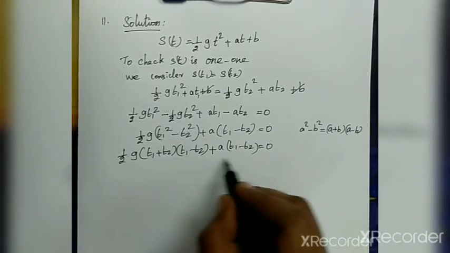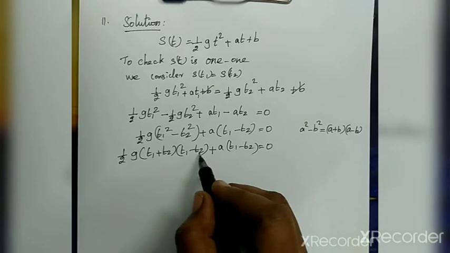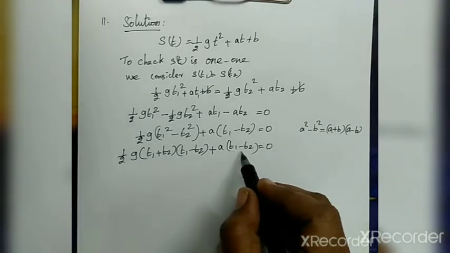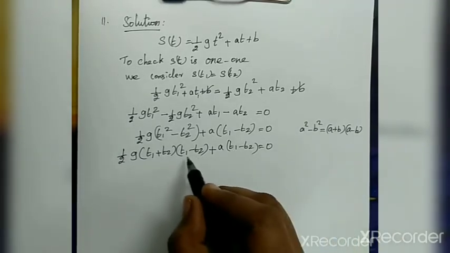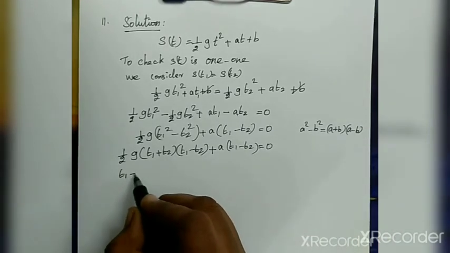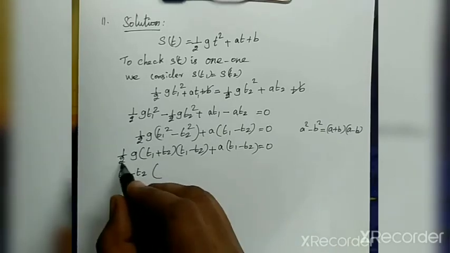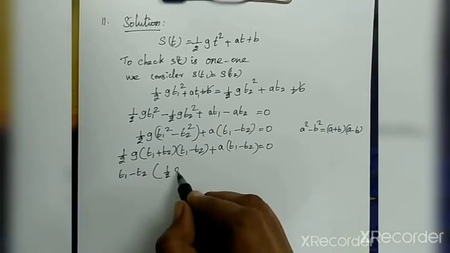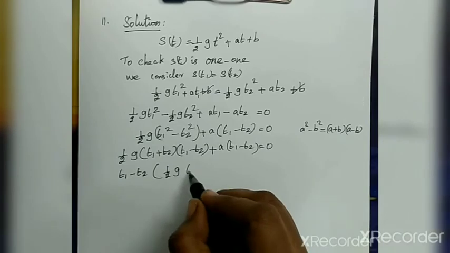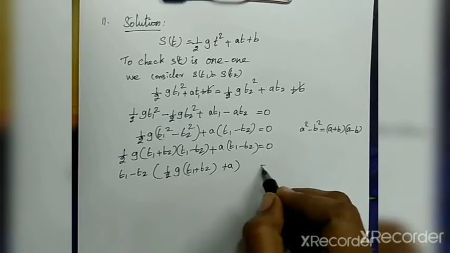Now see the equation. In this term it is t1 minus t2, and in this term also it is t1 minus t2. So taking t1 minus t2 as common outside, and writing the remaining terms as they are: half into g into t1 plus t2 plus a equal to 0.